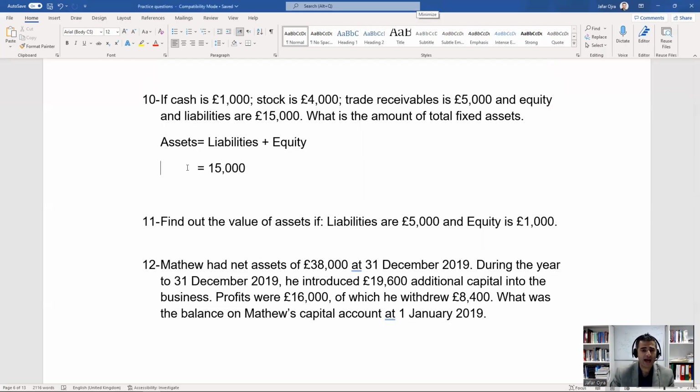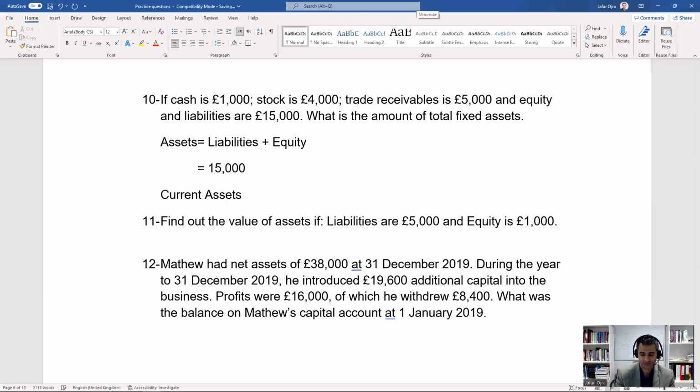So what comes under assets? We have cash, so cash comes under current assets. Let's have a look. We have current assets: £1,000 cash, stock £4,000, and trade receivables £5,000.